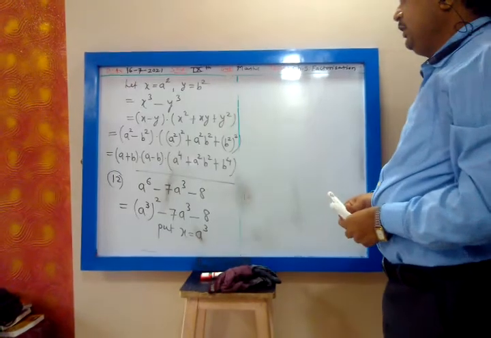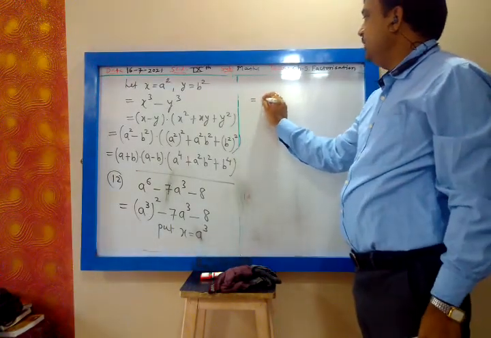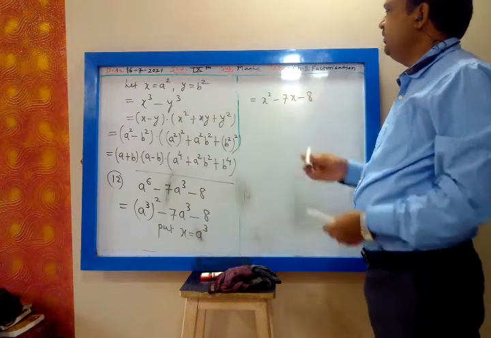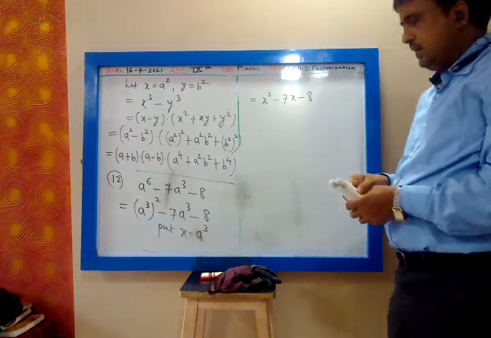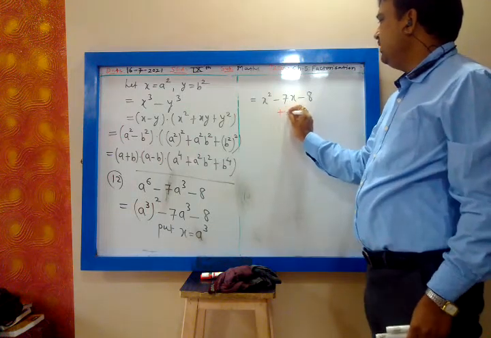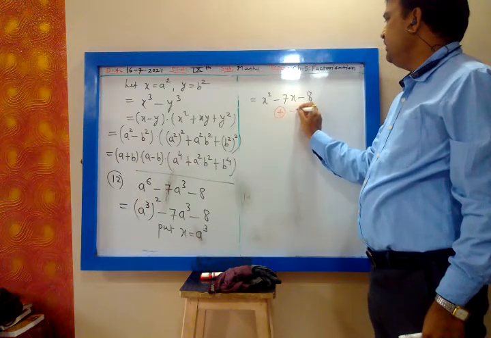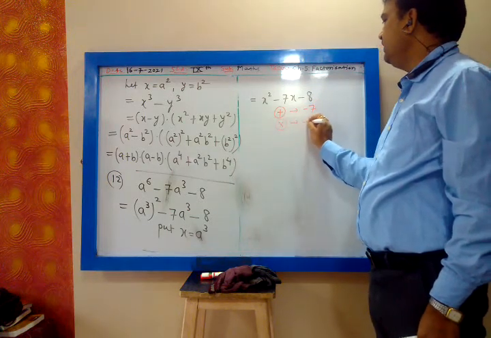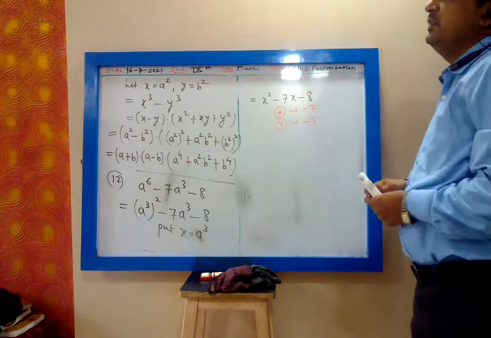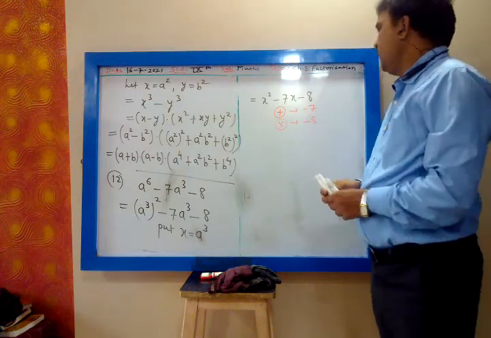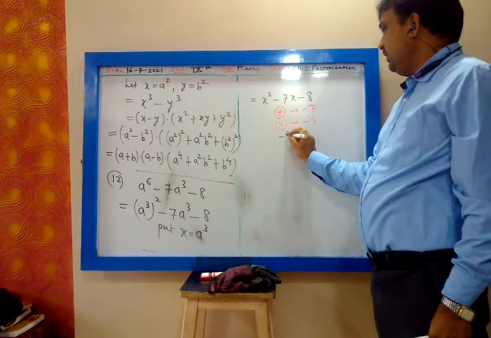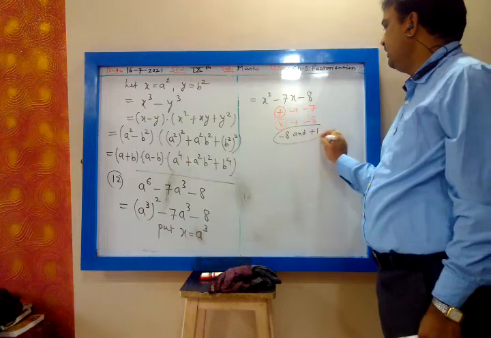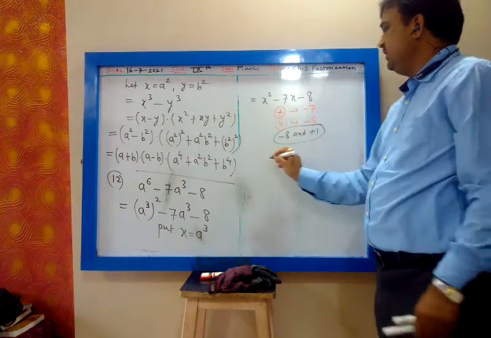So when you put a cube as x, that becomes x square minus 7x minus 8, which is a quadratic equation. Find two numbers whose sum is minus 7 and product is minus 8. Minus 8 and plus 1. When you add, you will get minus 7. When you multiply, you will get minus 8.